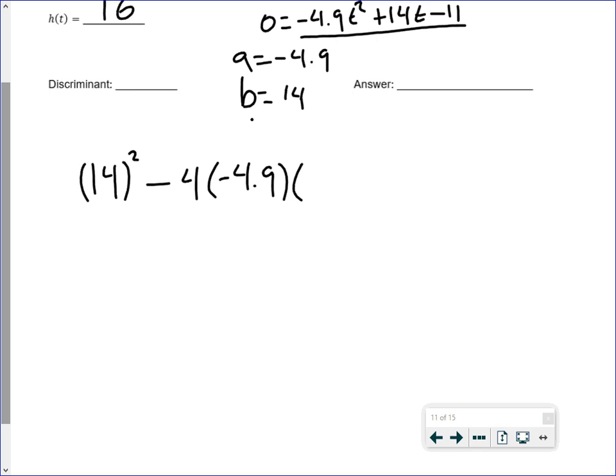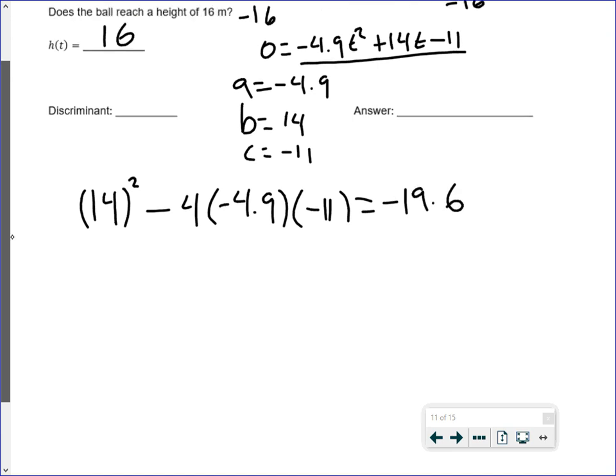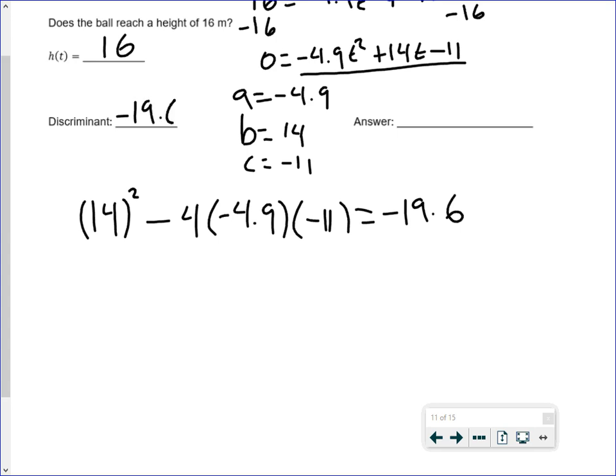So 4 times -4.9 times -11, and if you solve it out, that's going to give us -19.6. So our discriminant is -19.6, and we see our discriminant is negative. If our discriminant is negative, that means our solutions are imaginary or don't exist. So in that case, we can say that no, the ball does not reach a height of 16 meters, because if it's imaginary, the solutions just don't exist.